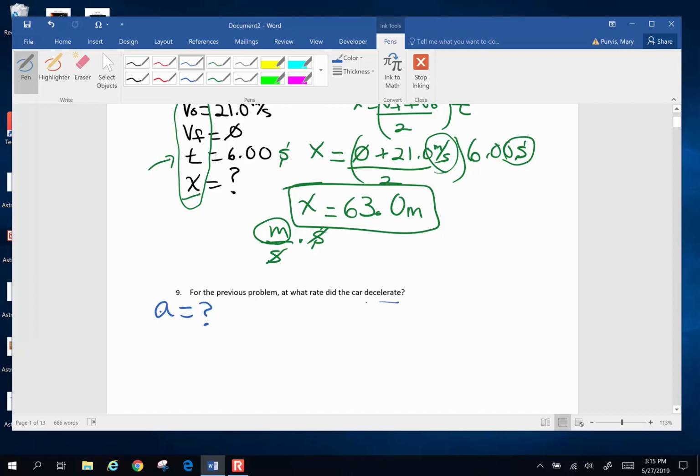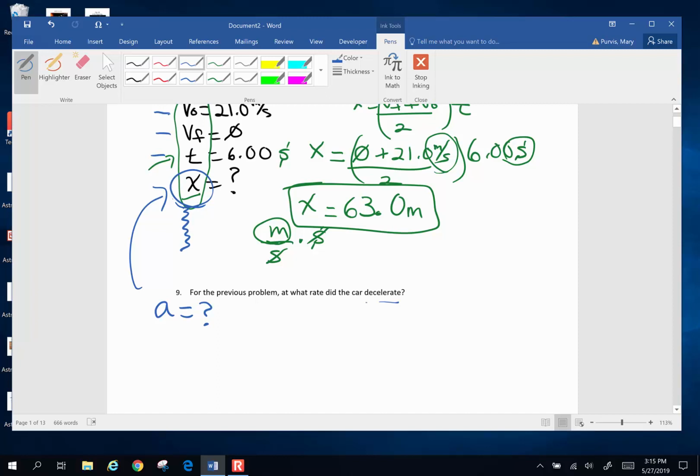So if I'm looking for A, I have VO, VF, time, and now I also have X. I have a whole variety of equations I could use. What I tend to do is, if possible, I tend to avoid using the value that I just calculated. In case I made an error, I'd rather not carry that through.